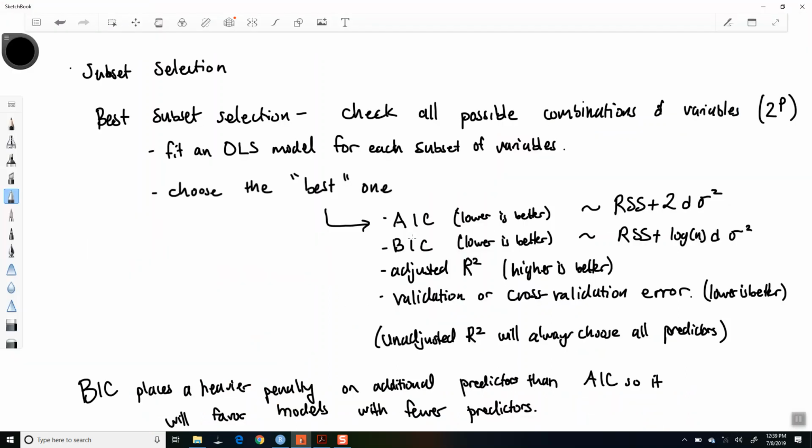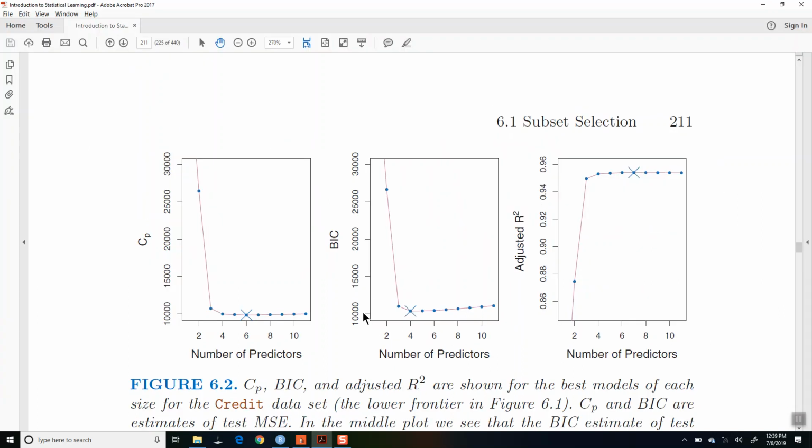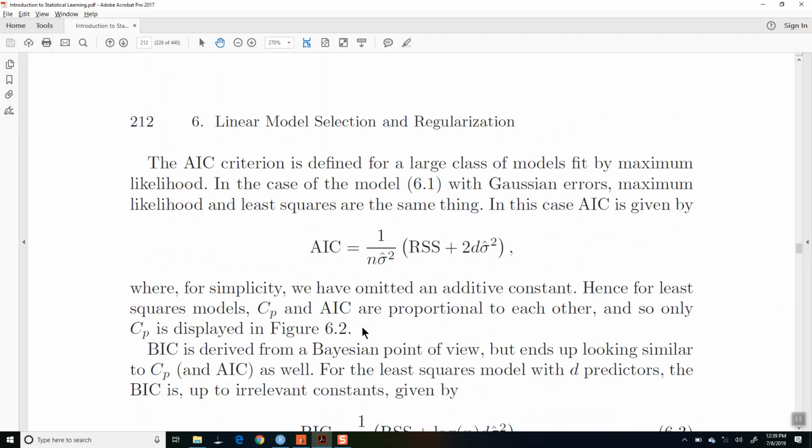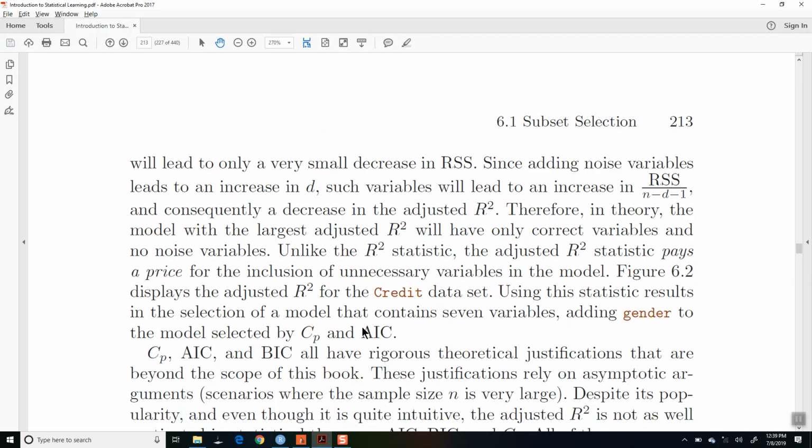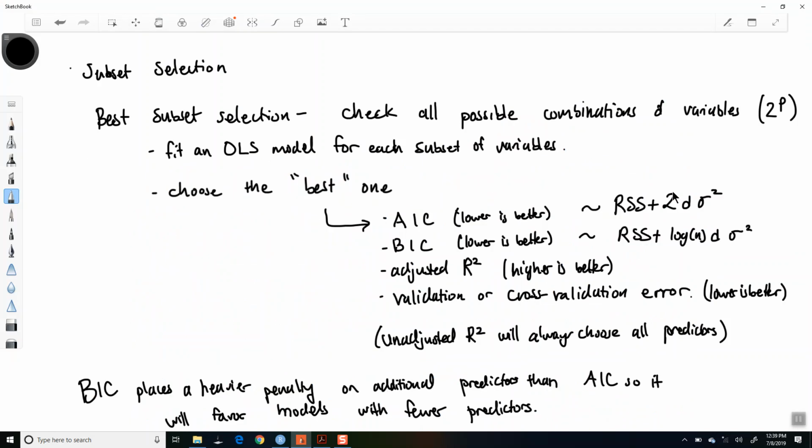So you have that AIC, BIC, and adjusted R squared. Adjusted R squared is like R squared, but you're dividing by something that accounts for every additional parameter, which reduces the RSS a little bit, right? So that's adjusted R squared. And then lastly, you have the validation and cross-validation error.